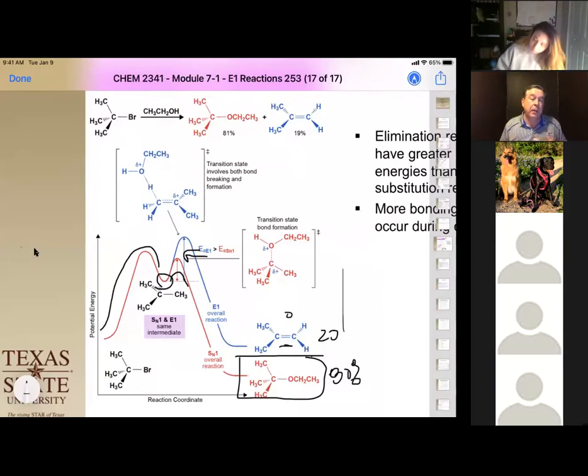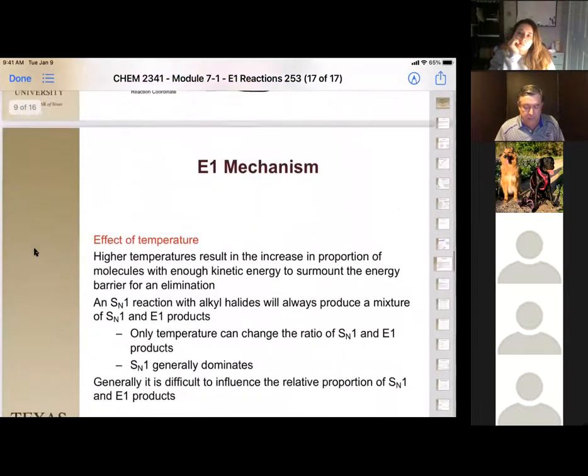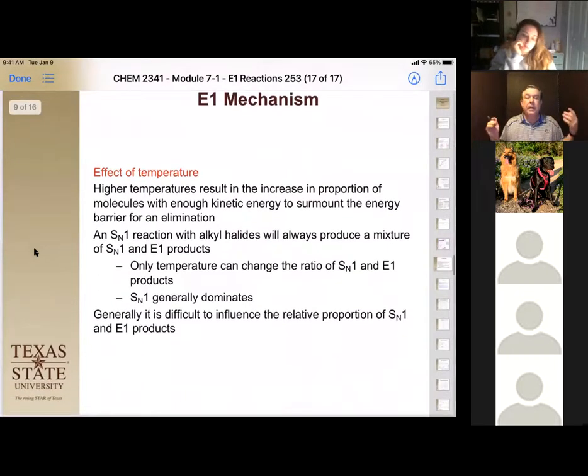Okay, so in this case here, we almost always have a little bit of competition between an E1 and an Sn1. However, looking at the strength of the base or the size of the base, we can choose whether it's going to go the elimination route or the substitution route. I have a slide on that. Okay. So in an E1 reaction, we actually can change one product or the other by changing the temperature, okay?